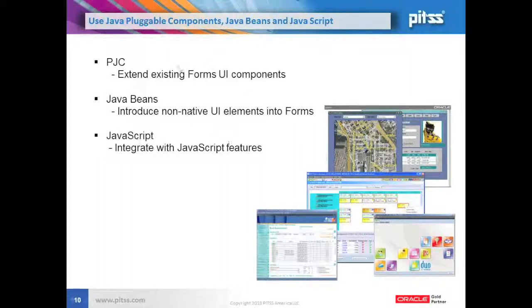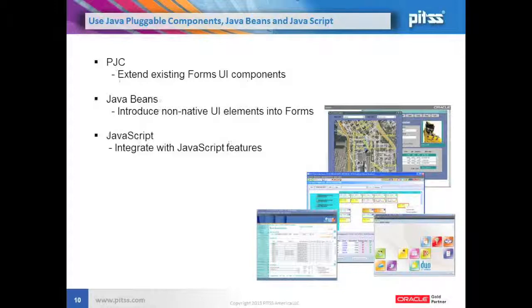If the pluggable Java component is not enough, you can use Java Beans to add more functionality to the Forms application. So you can use non-native UI elements like graphs and other Java Beans.